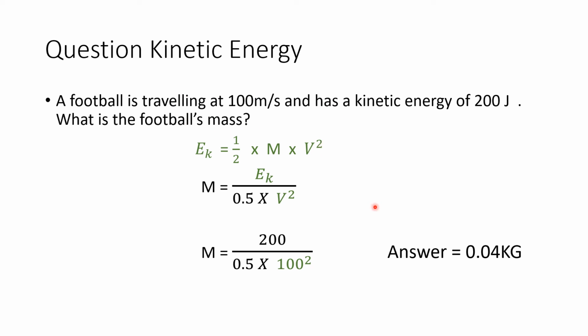So in this case we would have to rearrange the equation, and in the end it would look something like this. We divide the kinetic energy by 0.5 times the speed squared. So if we plug in our values, it'd be 200 divided by 0.5 times 100 squared, and the answer would give us 0.04 kilograms.